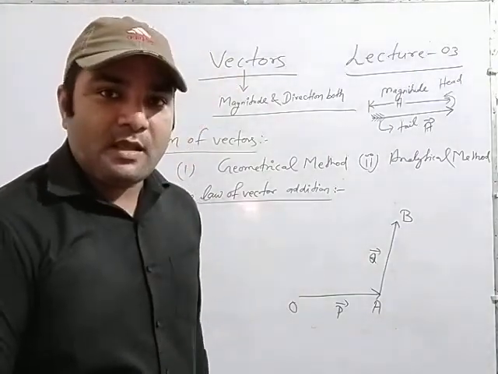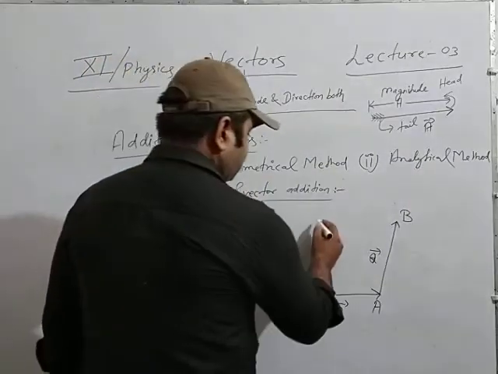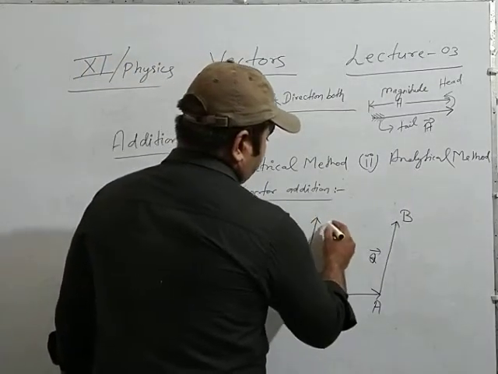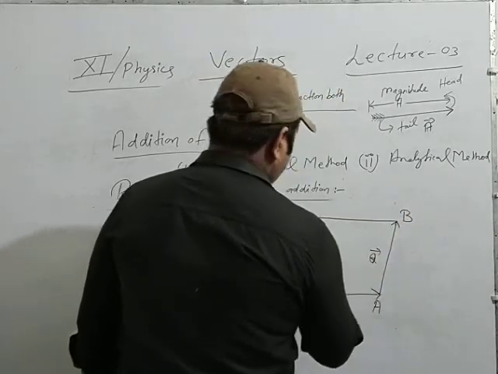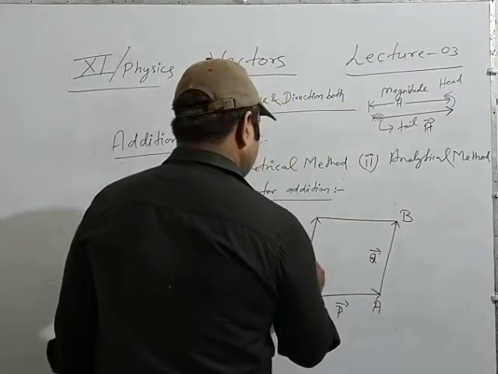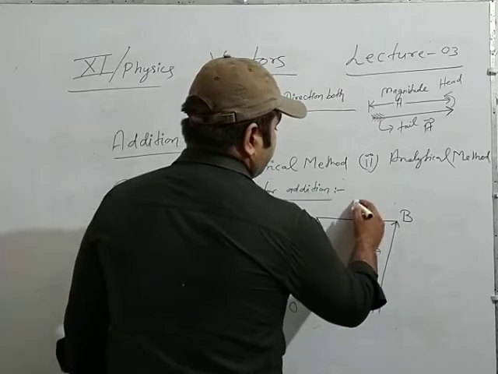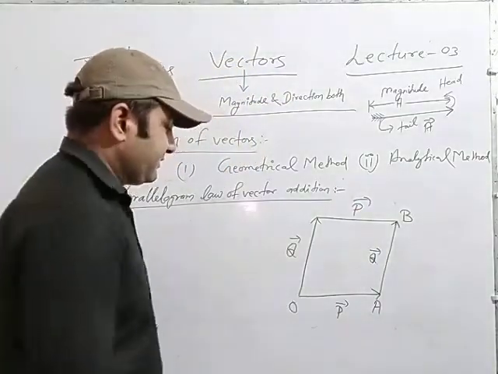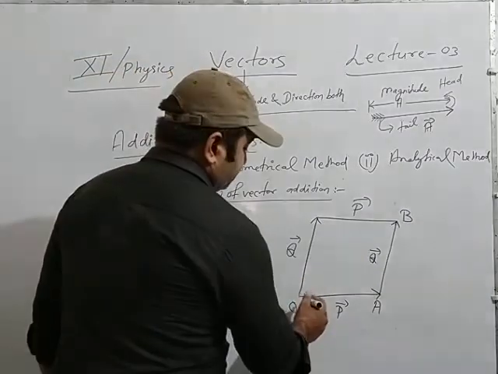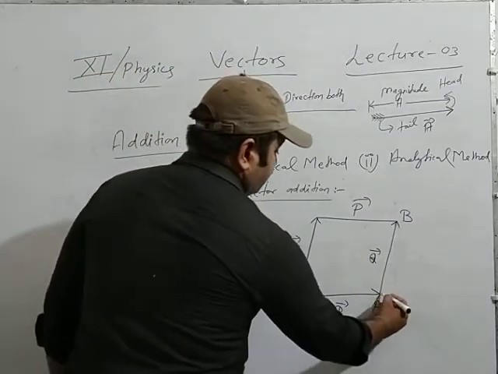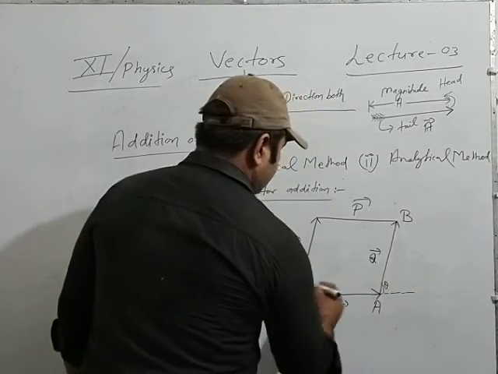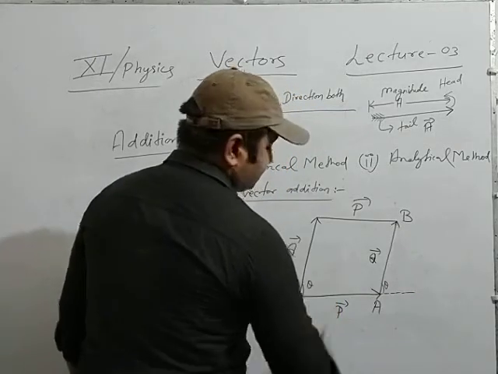Then after completing the parallelogram in this way, this is also Q, and this one will be P. When the parallelogram is completed, and if these two vectors are acting at an angle theta, then this one angle will also be theta.